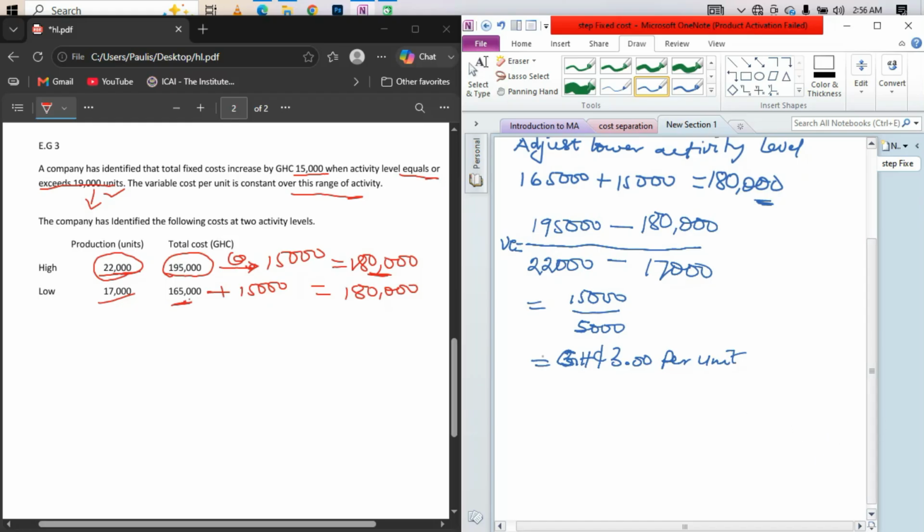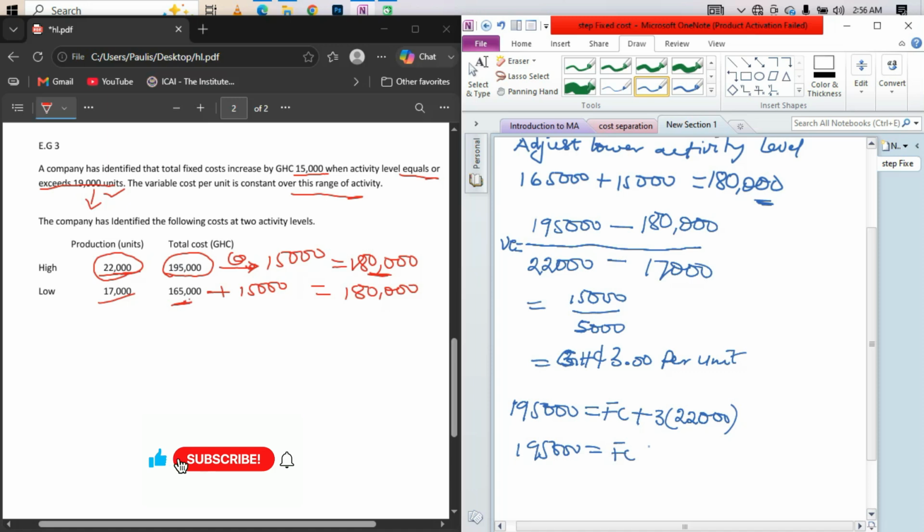To get the fixed cost for the high activity level, here we increase. So to get the fixed cost for the high activity level, we have the total cost is 195,000, equal to the fixed cost which we are looking for, plus 3 cedis times the activity level, which is 22,000. So 195,000 is equal to the fixed cost plus 66,000.